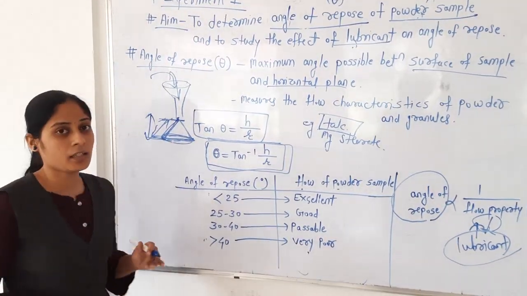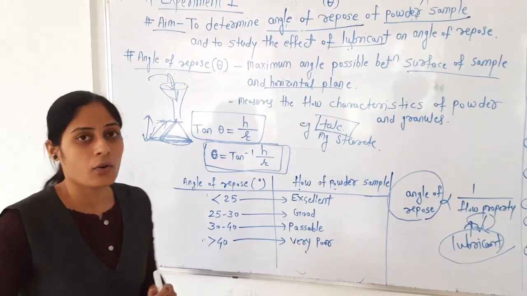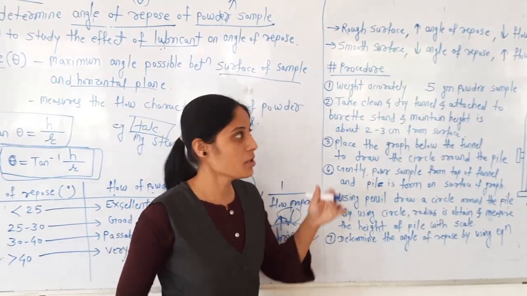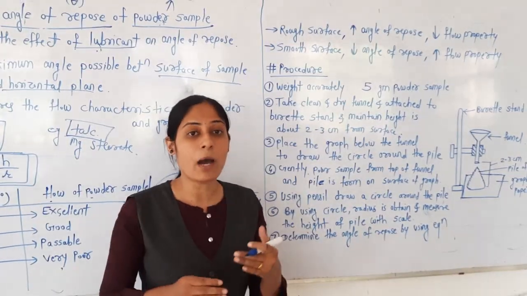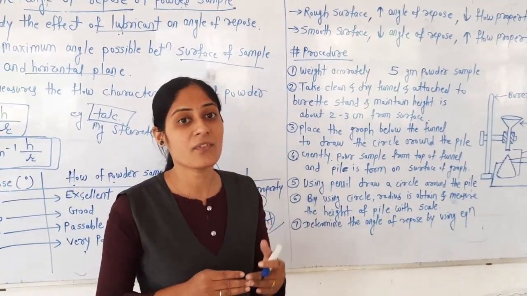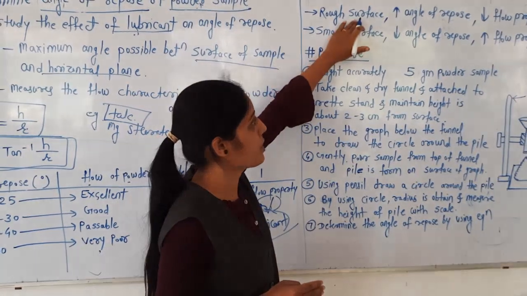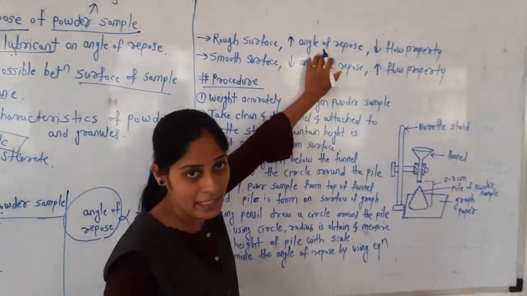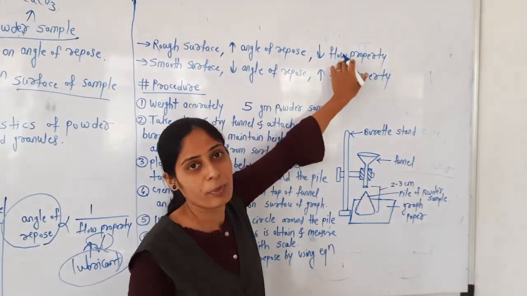So see here the procedure of the angle of repose. Before discussing the procedure, there are two important points in angle of repose. If the powder sample has rough surface particles, its angle of repose increases, and in that condition the flow property decreases.